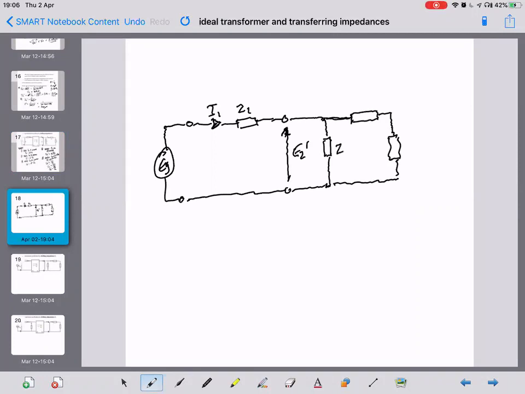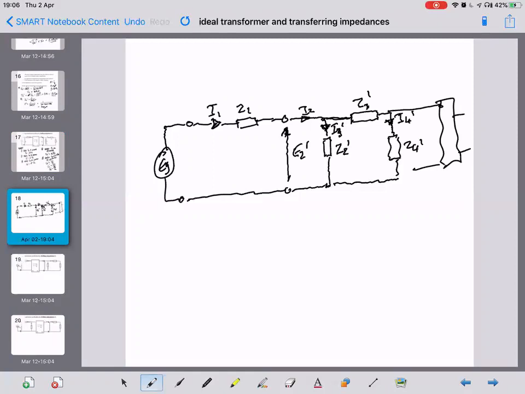And that was Z2, but now we call it Z2 dash, Z3 dash, and Z4 dash. And then current wise, down here, I2 dash, this is I3 dash, and this is I4 dash. And our transformer is almost redundant in there.